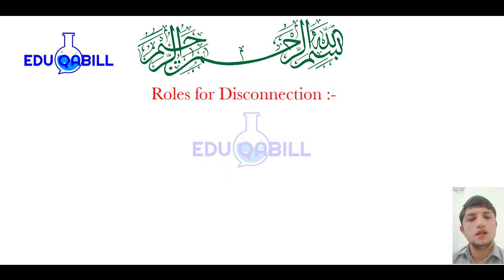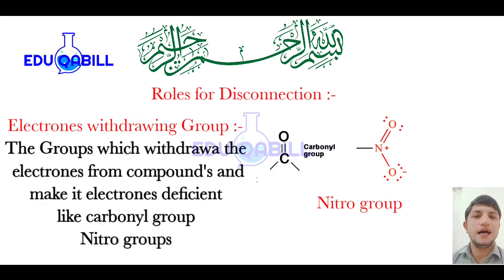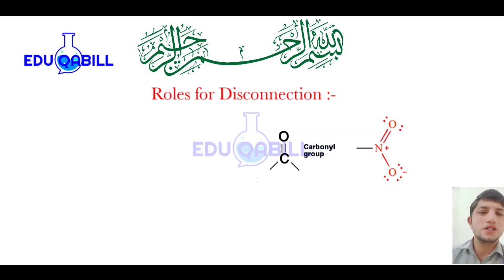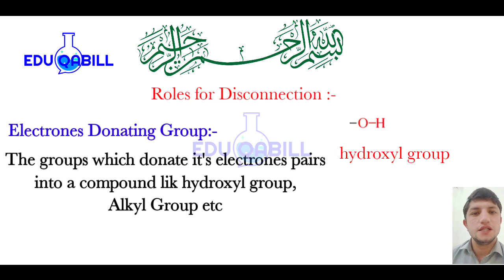An electron withdrawing group withdraws electrons from the compound and makes it electron deficient, while an electron donating group donates its electrons to the compound and makes it electron rich.